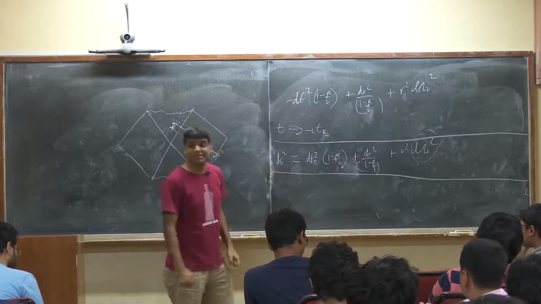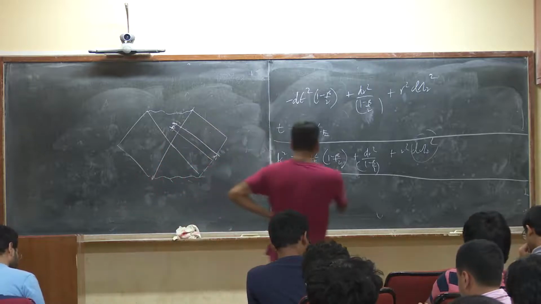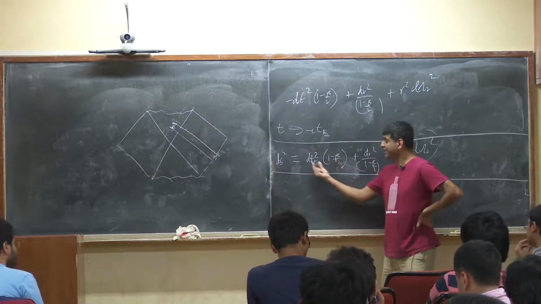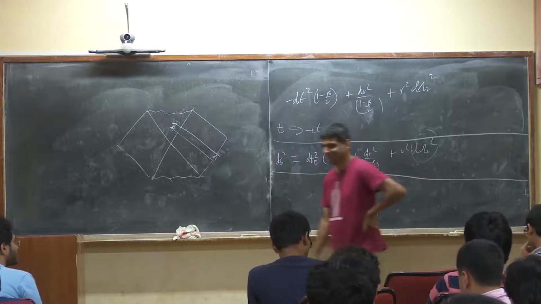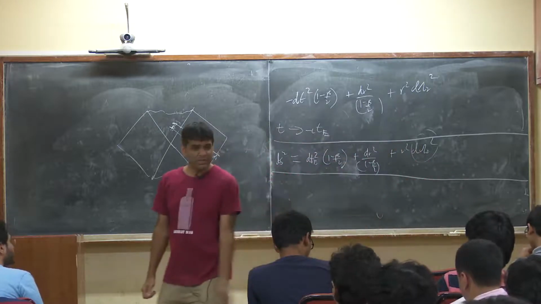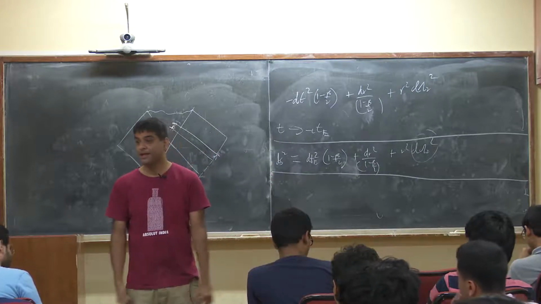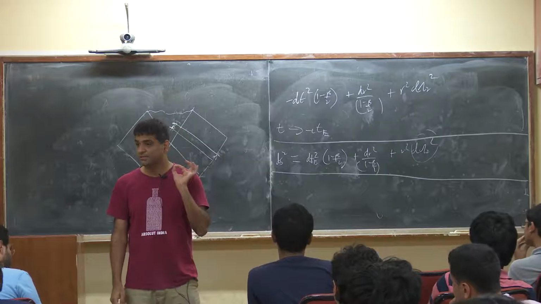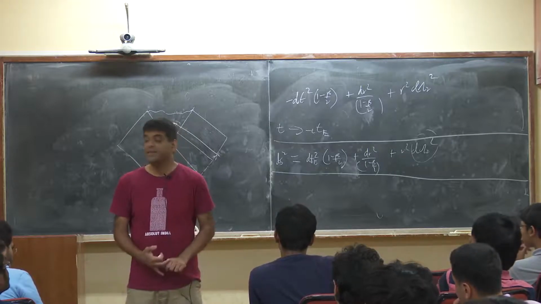Let's look at what happens to this t direction. At r equals beta, the coefficient of dt squared goes to 0. Now this is pretty strange. You might think the point r equals beta is a singularity in this manifold. But it need not be.